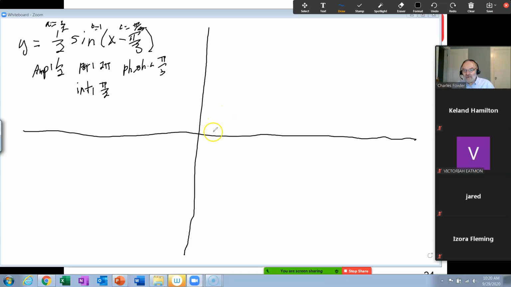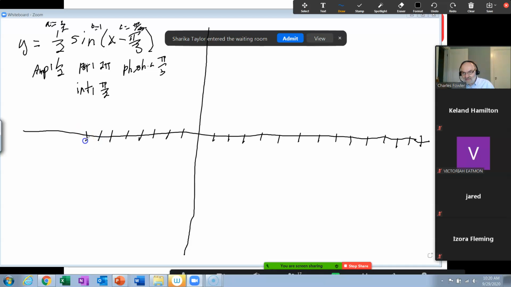So our tick marks here, I just start ticking off 1, 2, 3, 4, 5, 6, 7, 8, 9, 10, 11, 12, 13, maybe even 14. Do it in this direction too. Negative 1, 2, 3, 4, 5, 6, 7, 8.